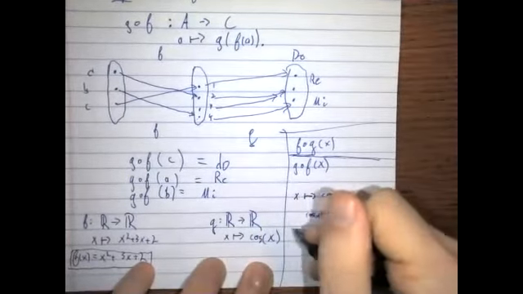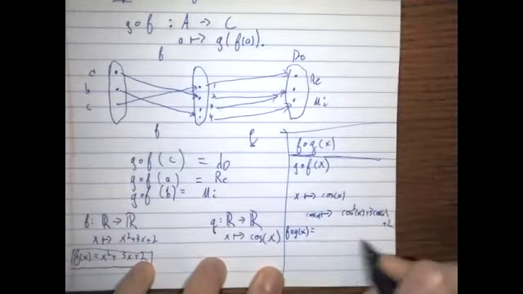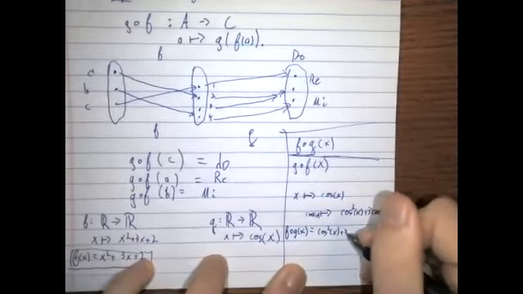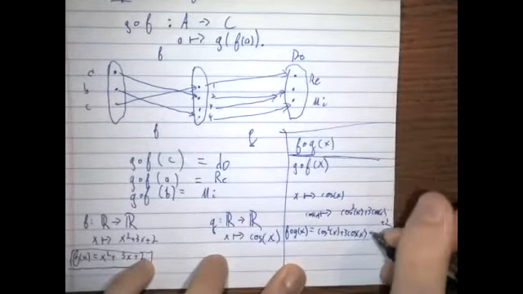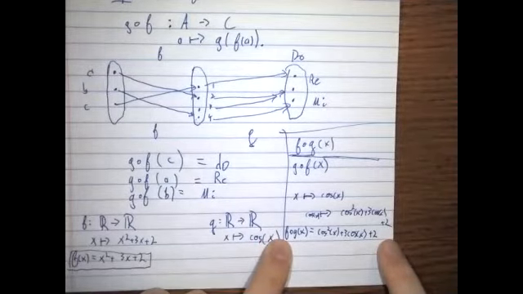So f composed with g of x is equal to cosine squared of x plus 3 cosine of x plus 2. So this is on the nose function composition, right?